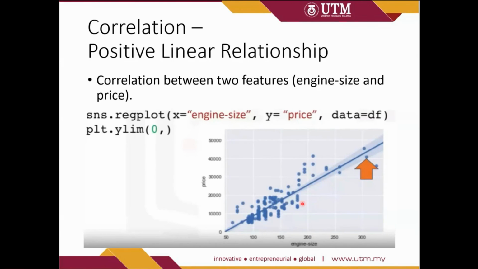In this example, you can see that the straight line goes through the data points and it's very steep, which shows that there's a positive linear relationship between the two variables. With increased value of engine size, value of price goes up as well, and the slope of the line is positive. So there is a positive correlation between engine size and price.